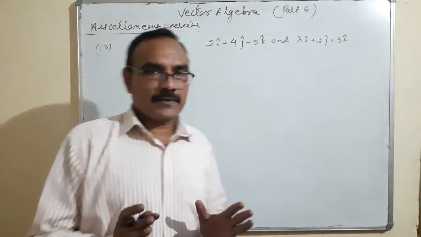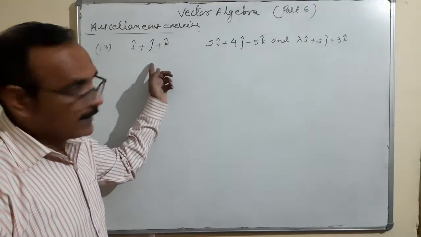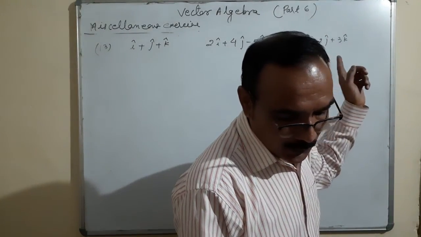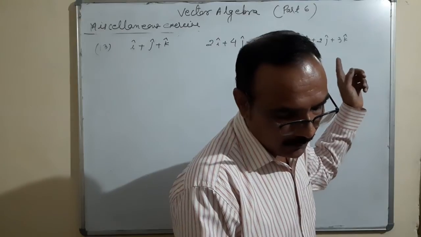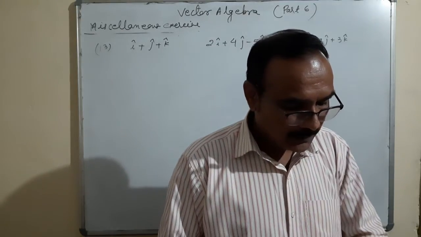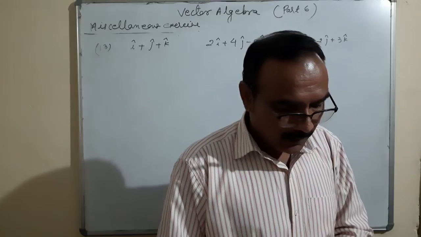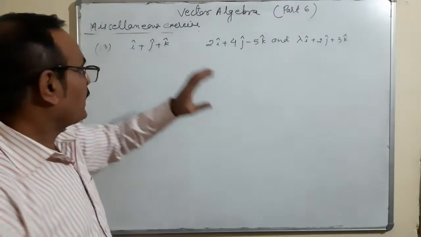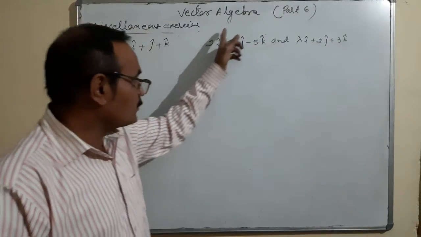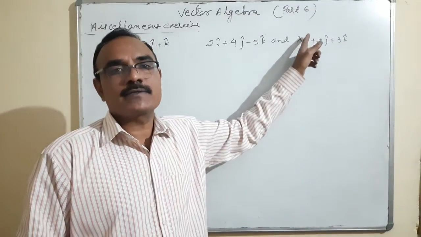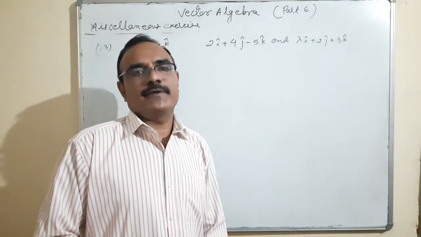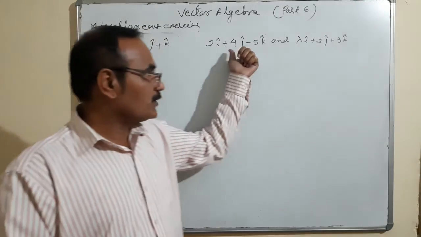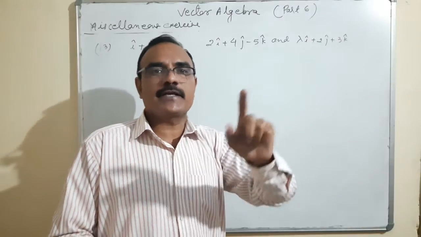The scalar product of the first vector and the unit vector along the sum of these two vectors is equal to 1.